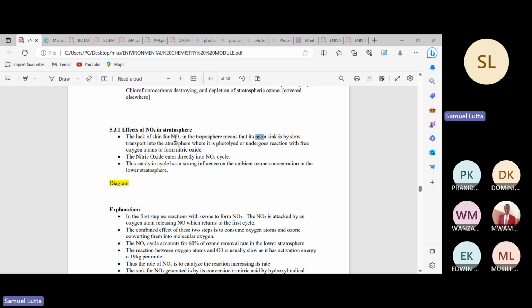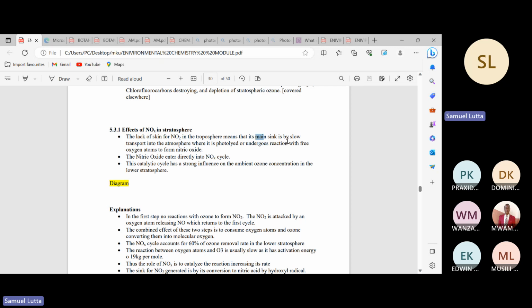I think here there was a typo, it's supposed to be sink. So if you don't have a sink, if you don't have something that can absorb nitrogen dioxide in the atmosphere, we are saying that it can slowly be introduced into the atmosphere.